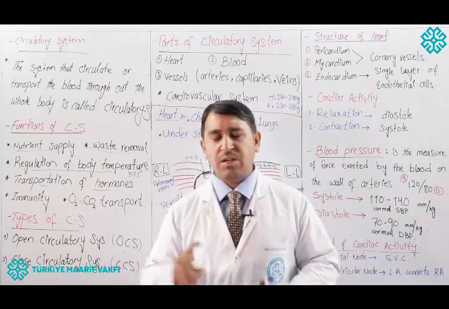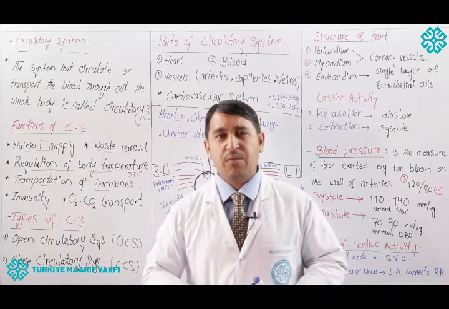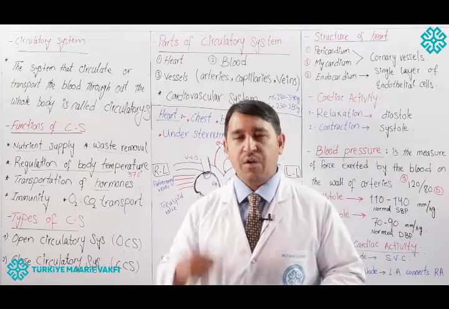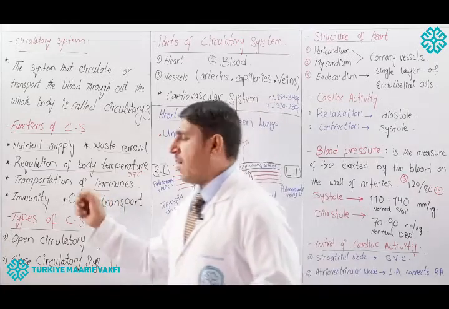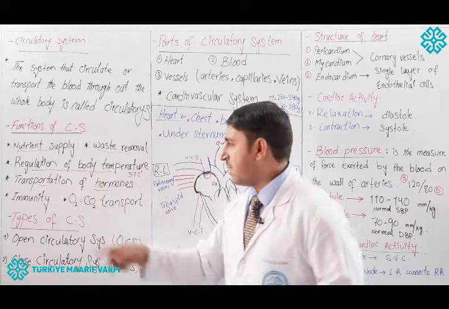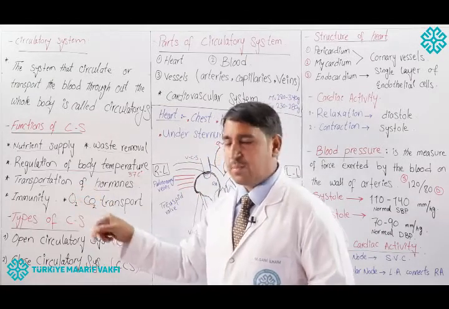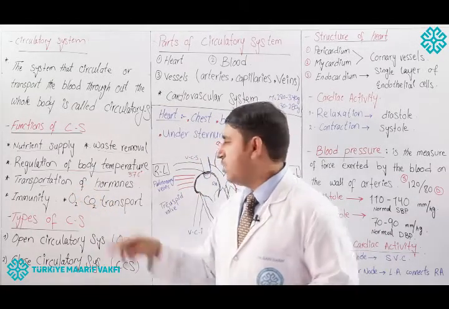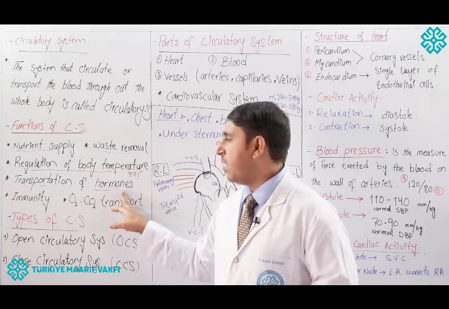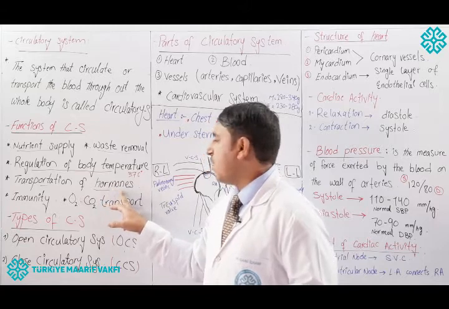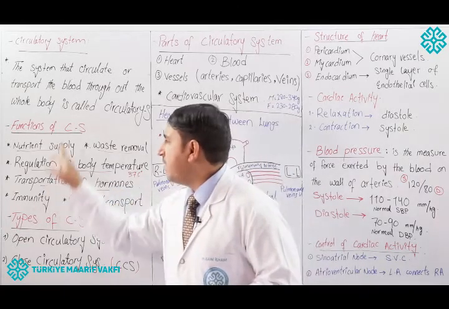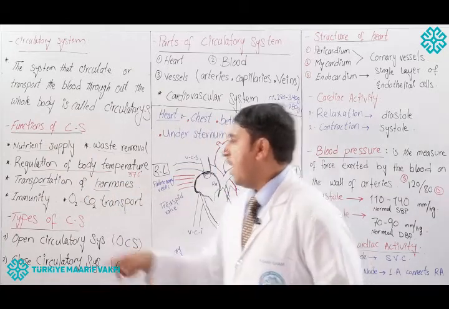We have two regulatory systems in our body, which regulate all functions and activities of our body. The first system is the nervous system, and the second system is the endocrine system. The endocrine system produces hormones, and these hormones regulate some activities in our body. So these hormones are transported to all body parts by means of the circulatory system.